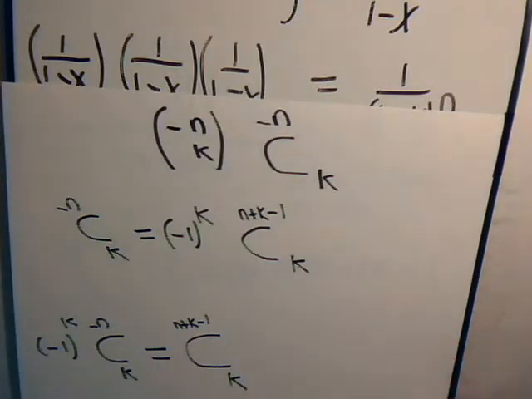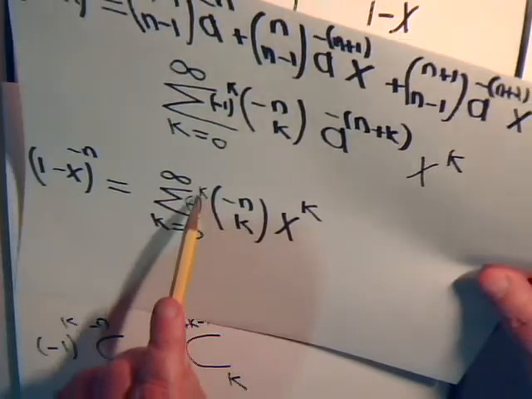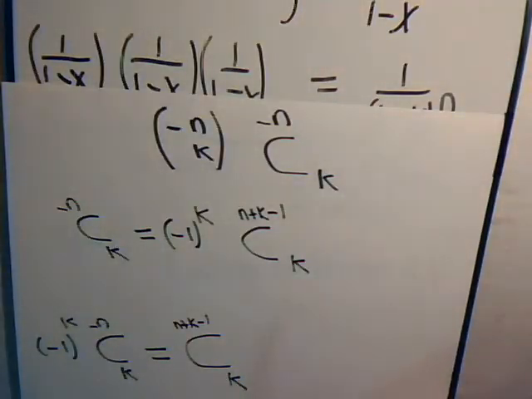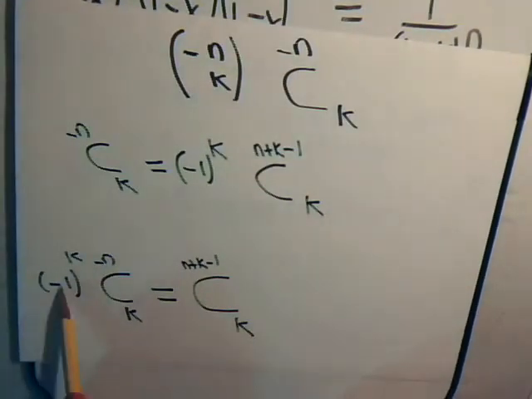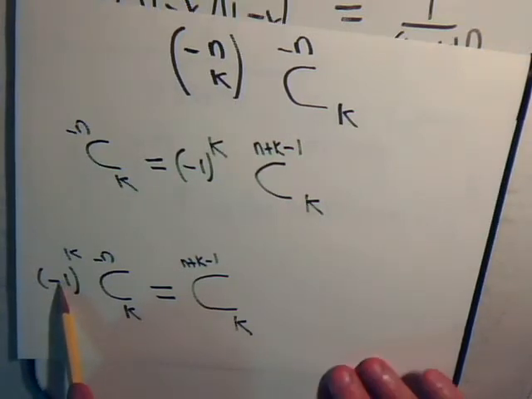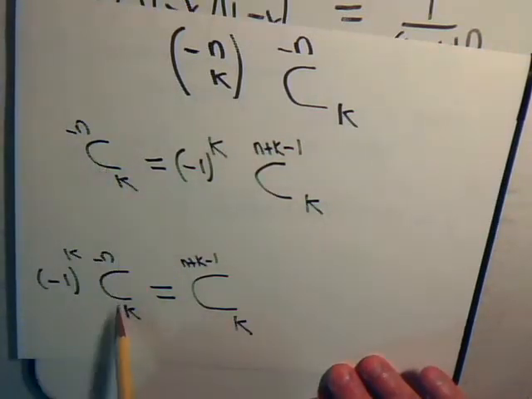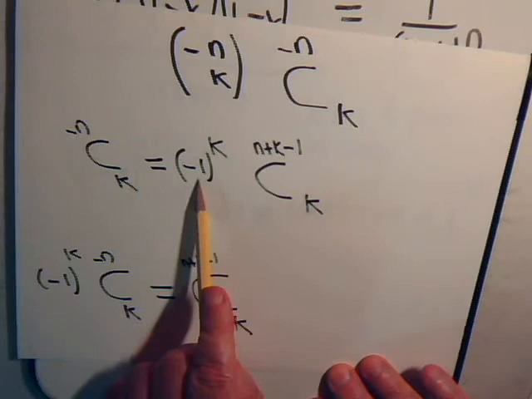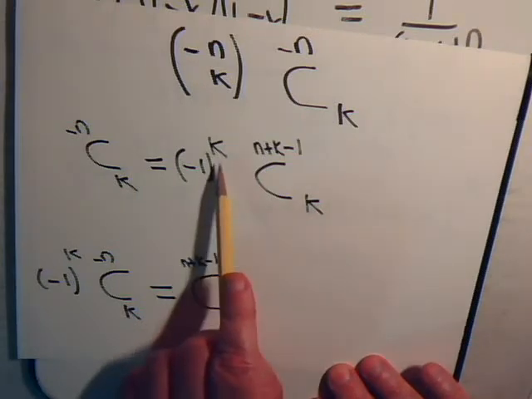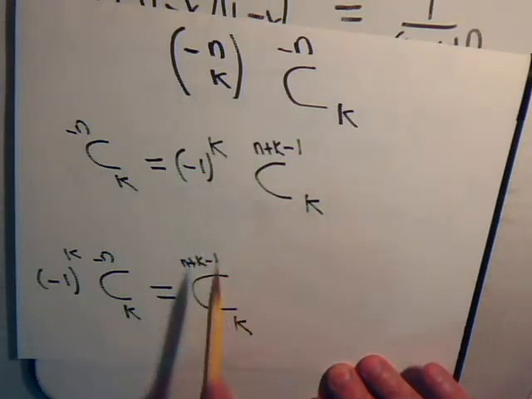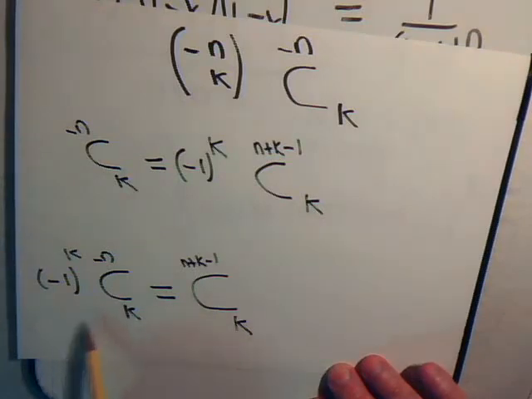Well, back here in our expansion, we had minus 1 to the k times that. So if we have minus 1 to the k times this, then on this side we have minus 1 to the 2k. That's raised to an even number exponent, so that's always positive. So we have this expression.